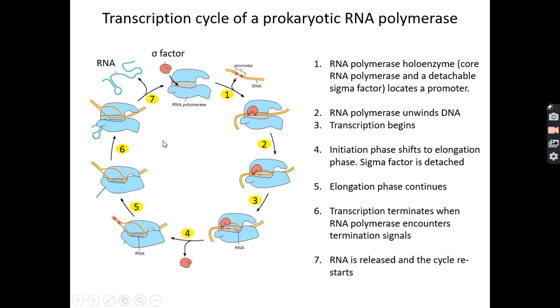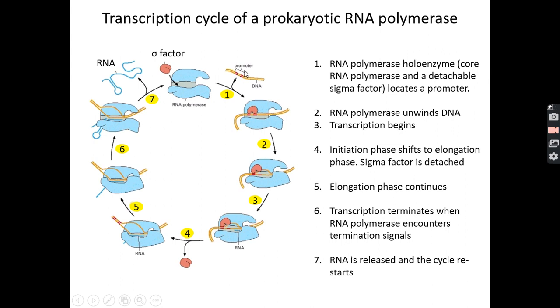The first one here is the sigma factor, and this one is called the core enzyme. This enzyme without the sigma factor is called core, but when the sigma factor attaches itself to the core enzyme, everything becomes a holo enzyme.